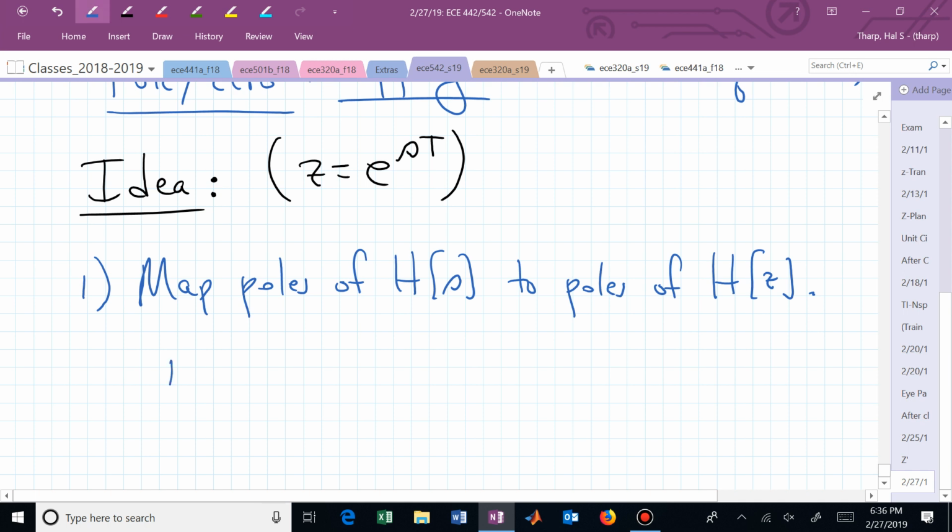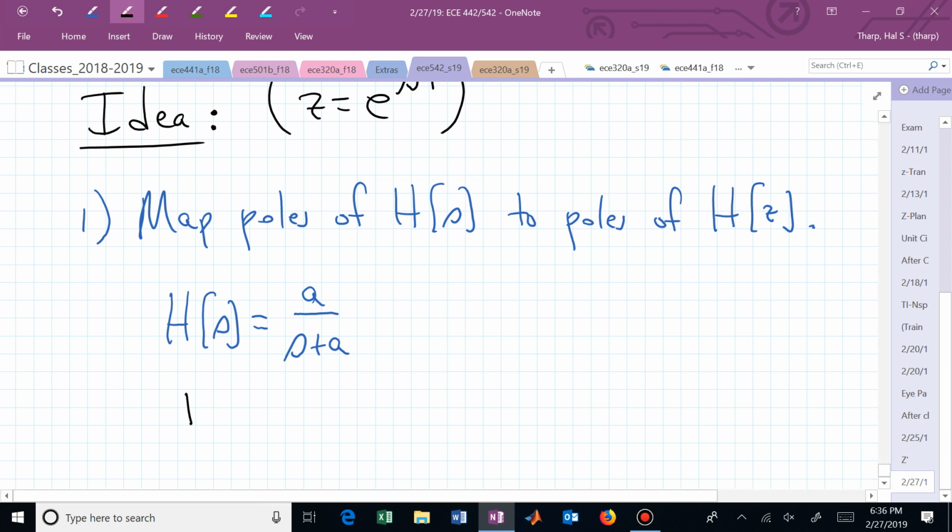Or if we now had this H of s of a over s plus a, where's our pole in the s domain? That's at -a.